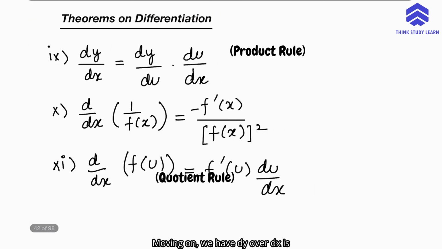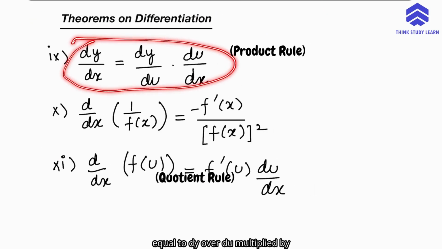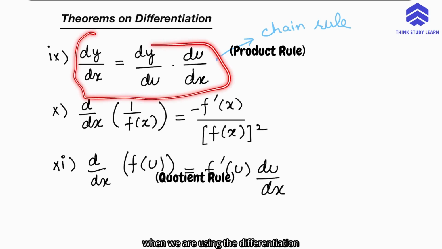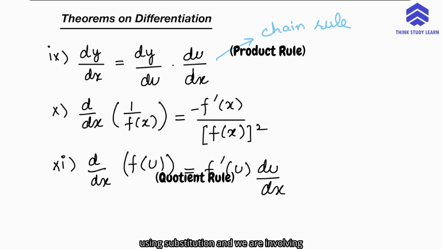Moving on, we have dy over dx is equal to dy over du multiplied by du over dx. It is also known as the chain rule. Now, this particular formula is used whenever we are differentiating using substitution and we are involving a third variable, assuming a value equal to a third variable.